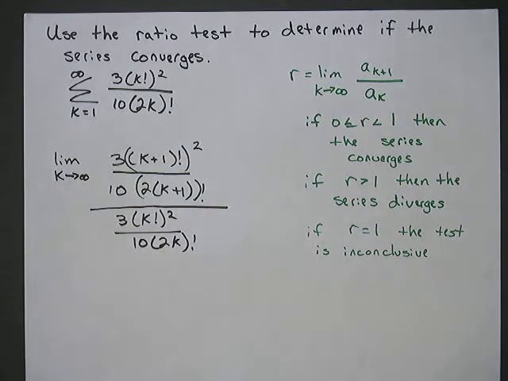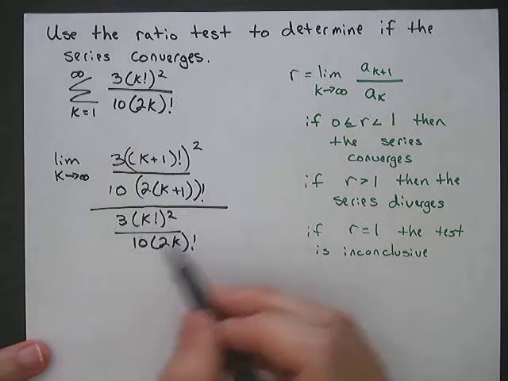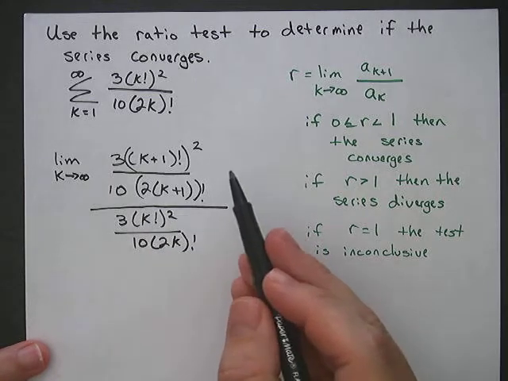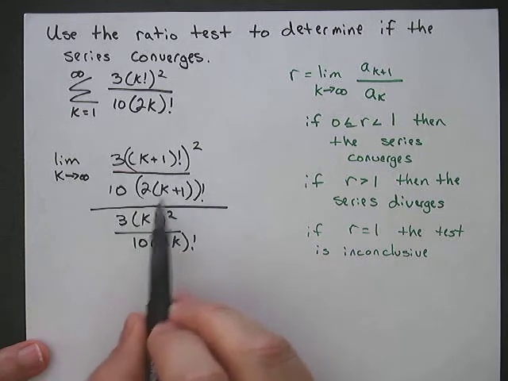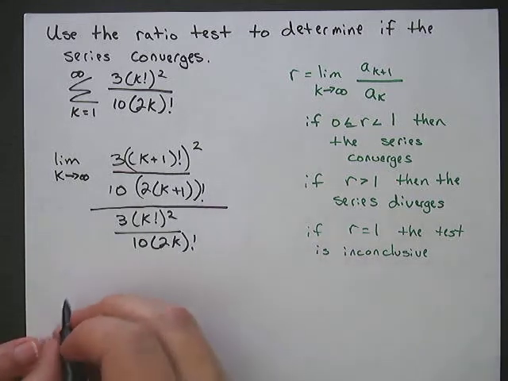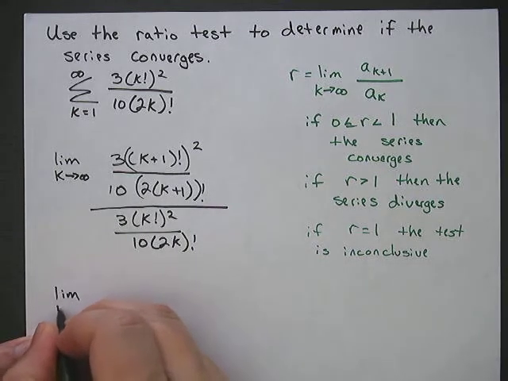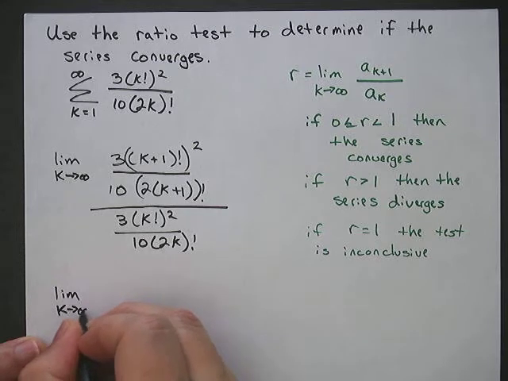Okay, so I'm going to do two things in the next step. I'm going to take the fraction that's down here, and I'm going to flip it up and multiply it times this. And I'm also going to clean some stuff up inside of these parentheses. Okay, so we have the limit as k approaches infinity.